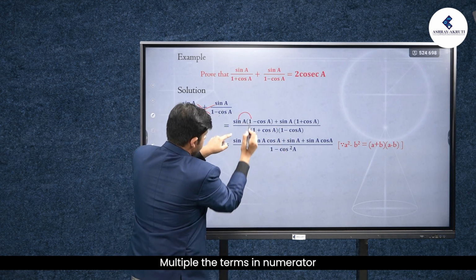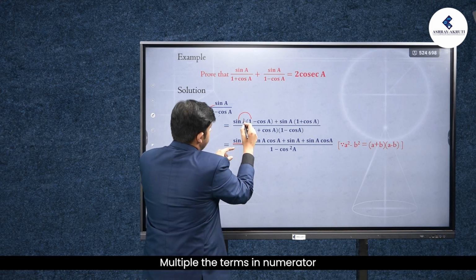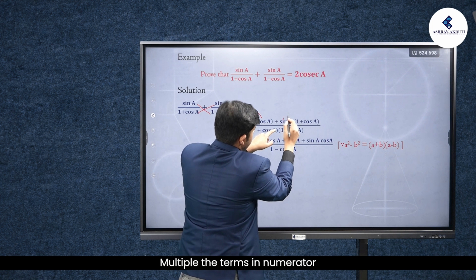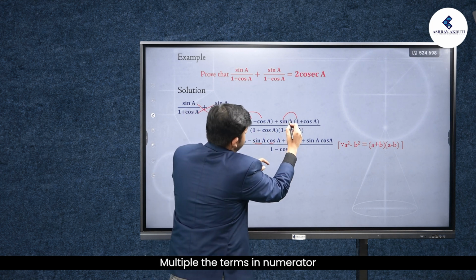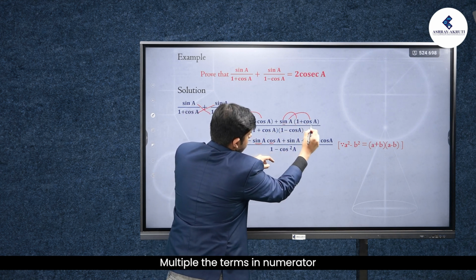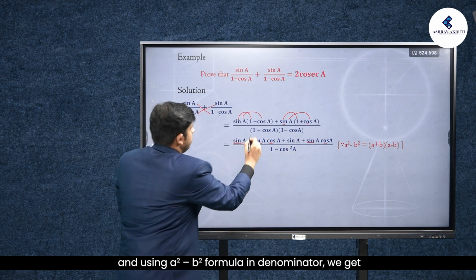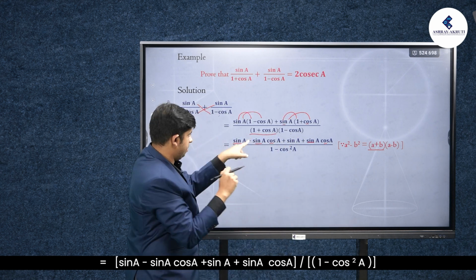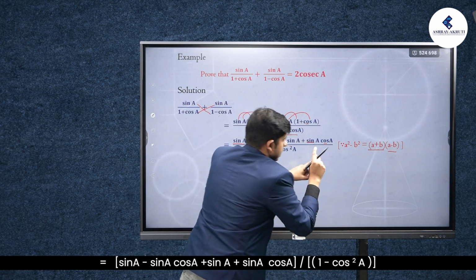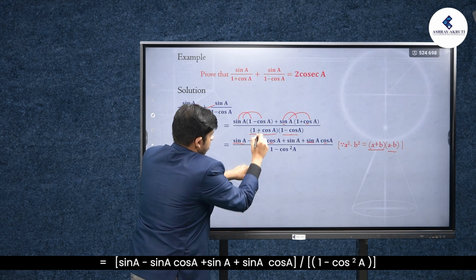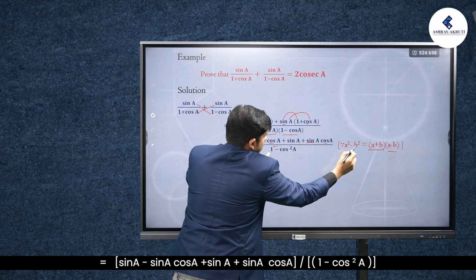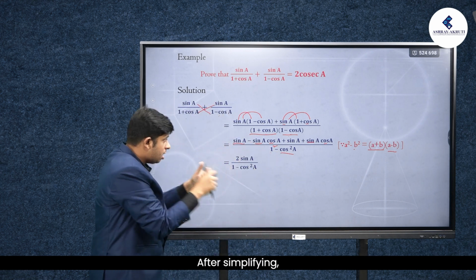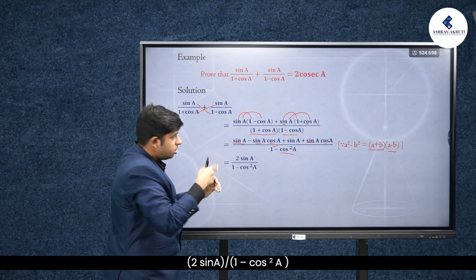Multiply the terms in numerator and use a square minus b square formula in denominator. We get (sin A minus sin A into cos A plus sin A plus sin A into cos A) by (1 minus cos square A). After simplifying, we get 2 sin A by (1 minus cos square A).